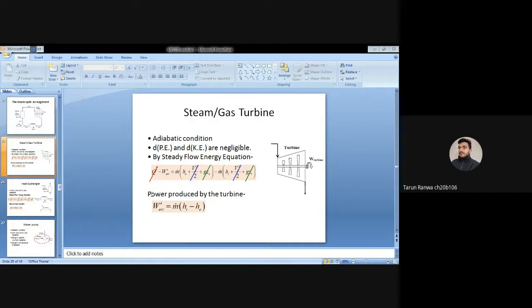So the power produced by the turbine, W dash external, equals m dot into Hi minus He, and this is the diagram of the turbine.